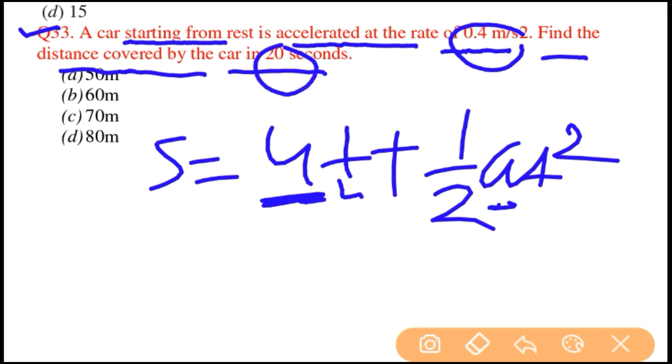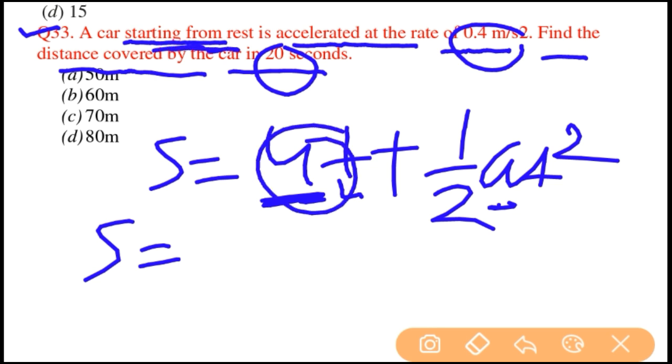Putting in the values, since the car starts from rest, the initial velocity will be 0.